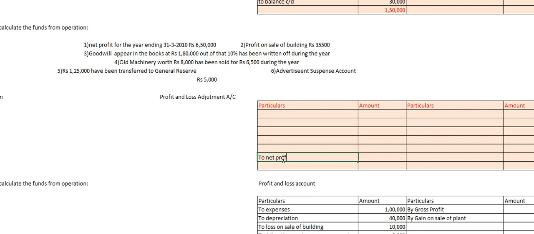Net profit carried down, it is 6,50,000.